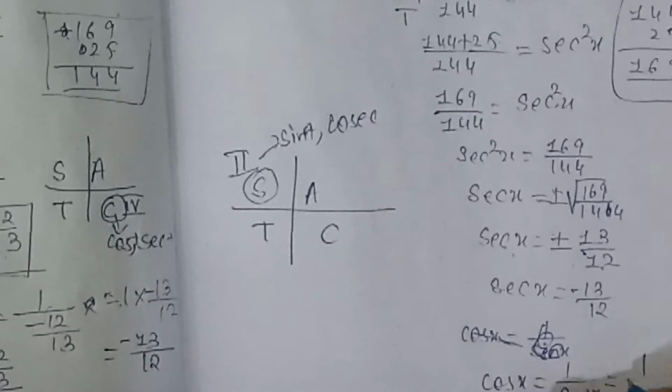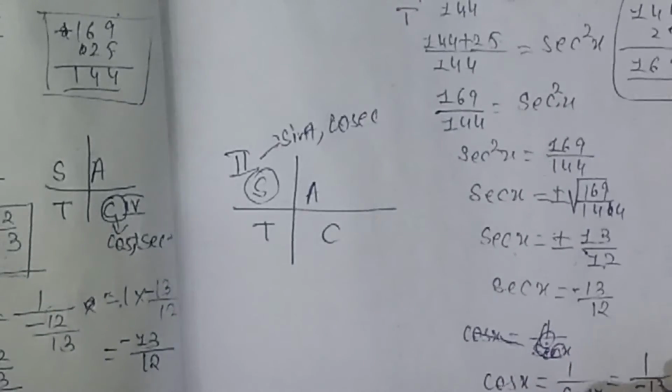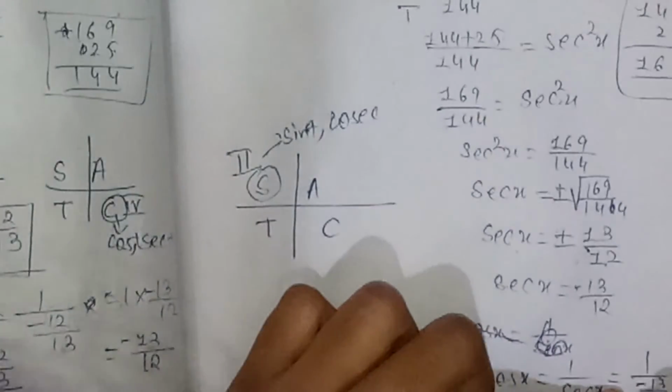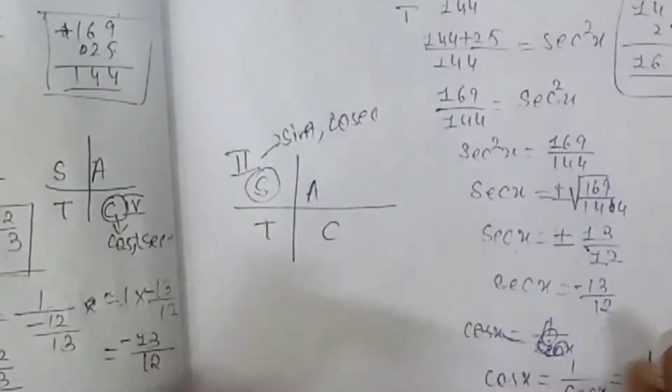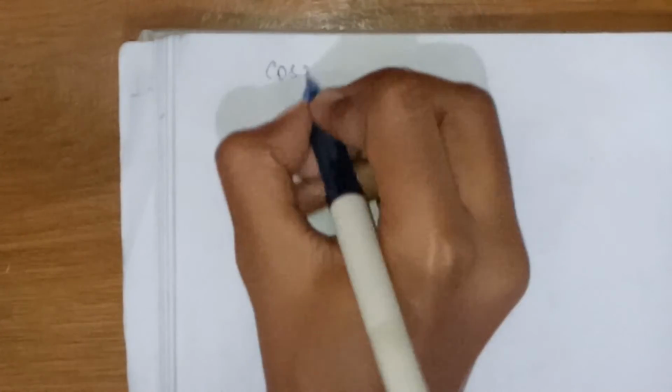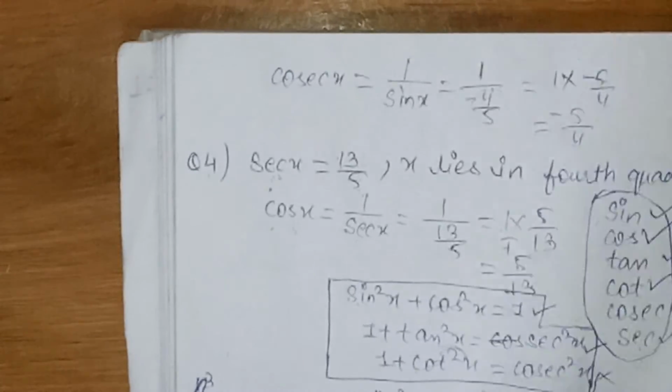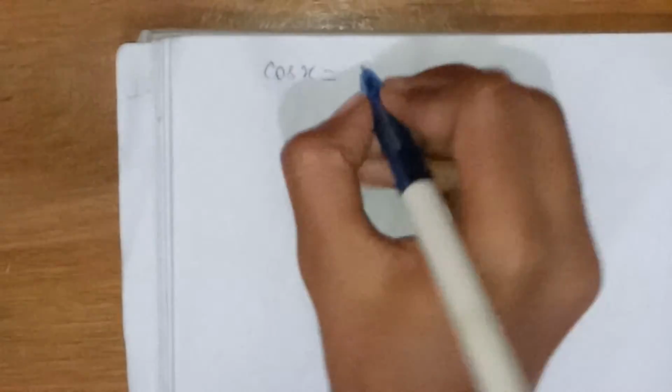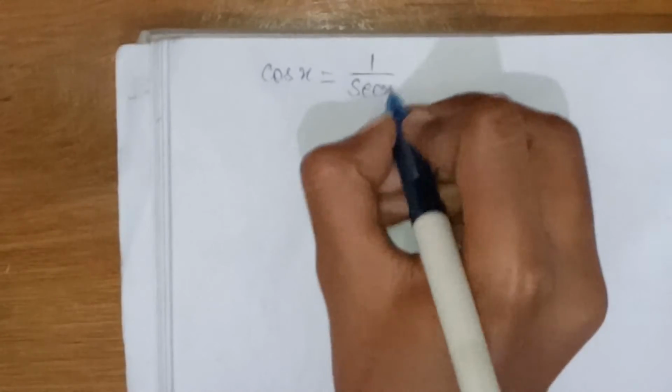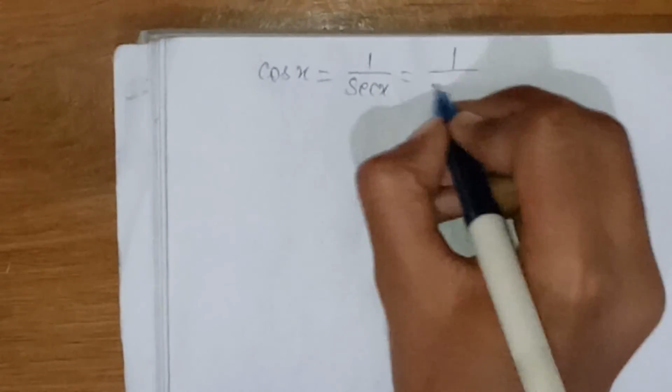The secant x value they have given is minus 13 by 12. So I am writing on the next page. So cos x is equal to 1 by secant x. I am writing as it is, what I wrote on the before page.